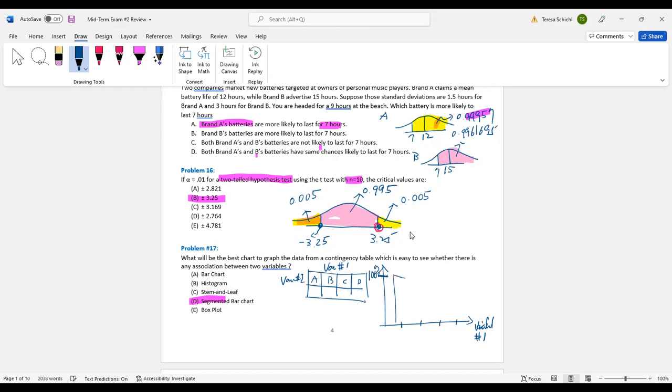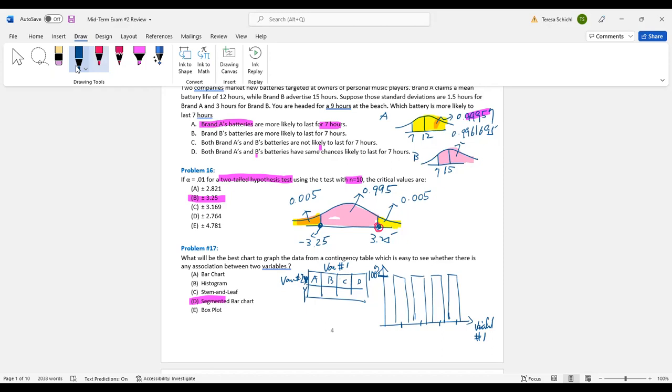So they will have a bar like this for the 4 values of variable number 1. Then for variable number 2, I could have different values, say X and Y, whatever, right?